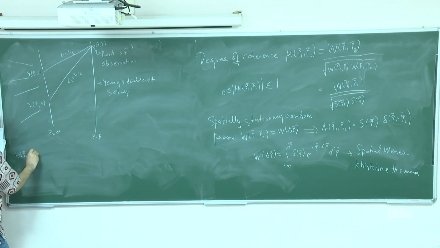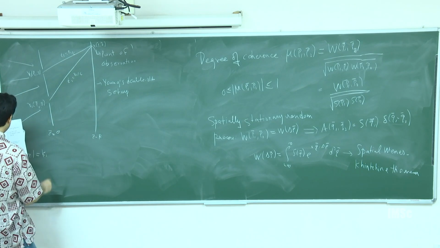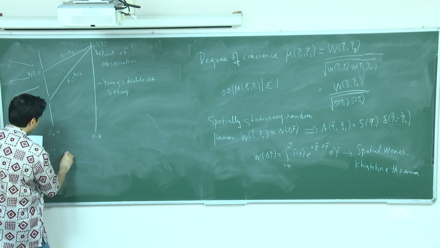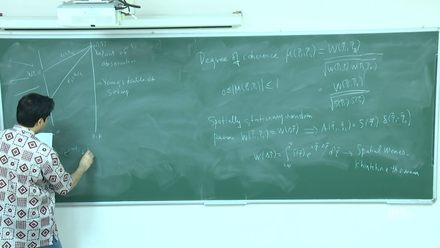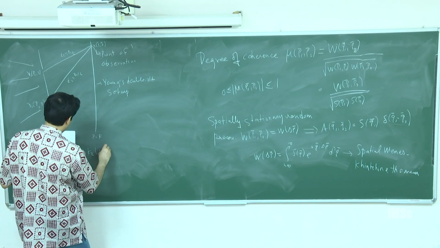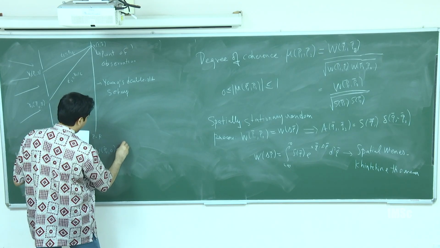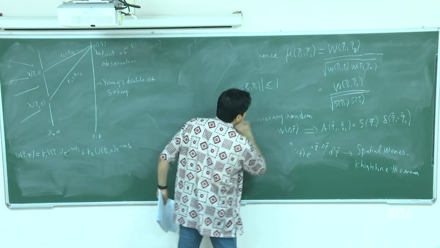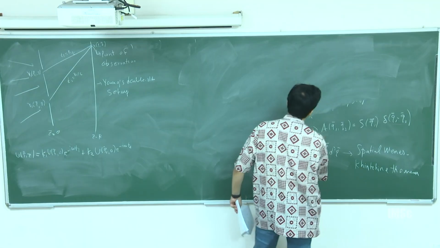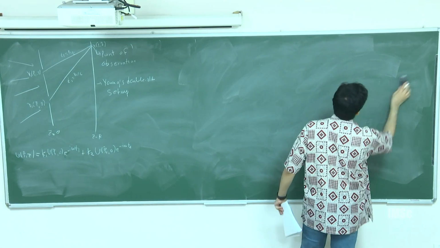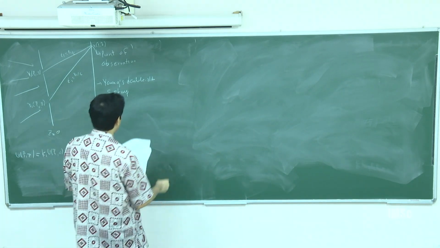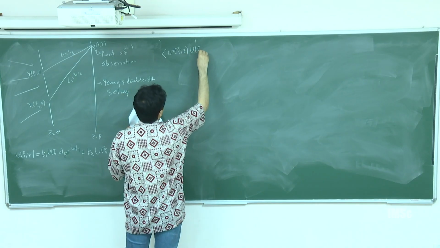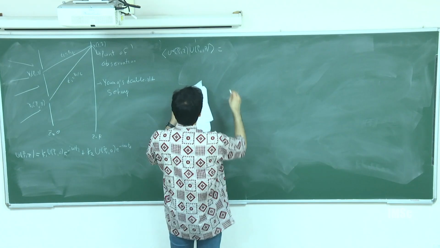This is something that we have already seen. The total field at the point of observation is just the sum of the fields passing through the two slits. So this is what we have.